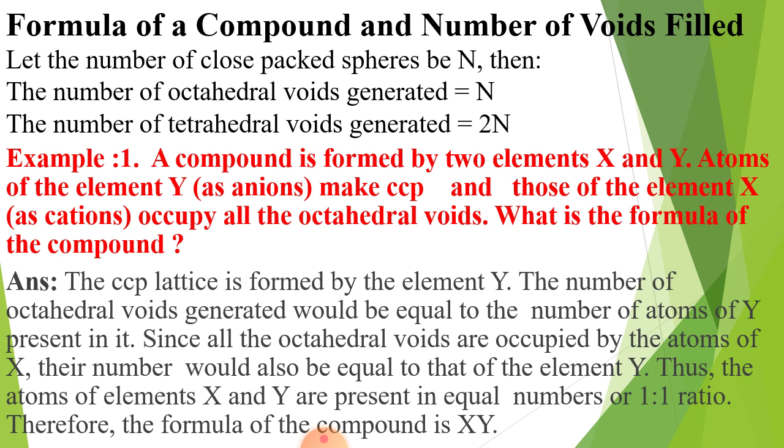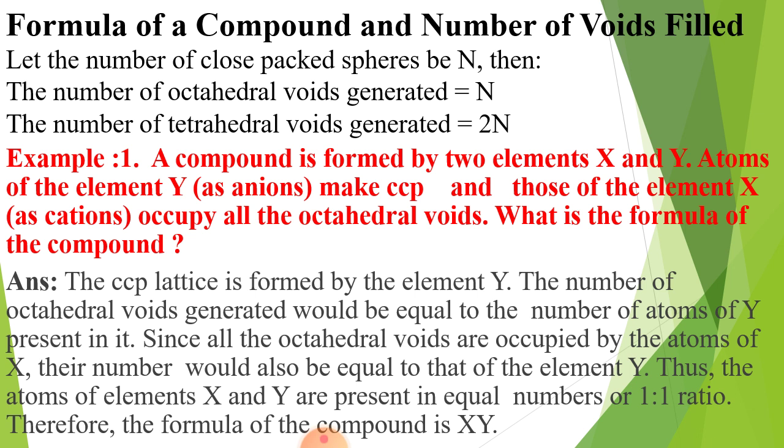A compound is formed by two elements X and Y. Atoms of element Y as ions make CCP. That means the spheres are made up of Y, and those of element X as cations occupy all the octahedral voids. Write the formula of the compound.